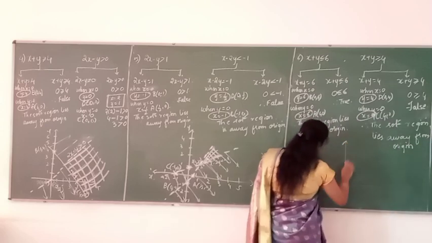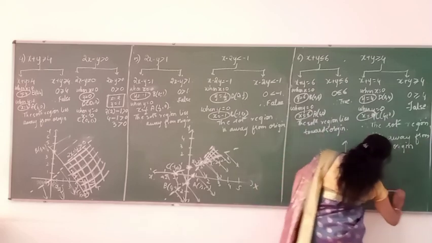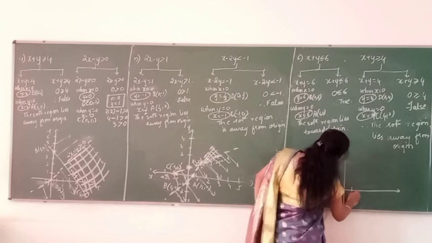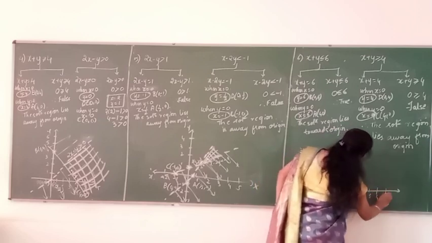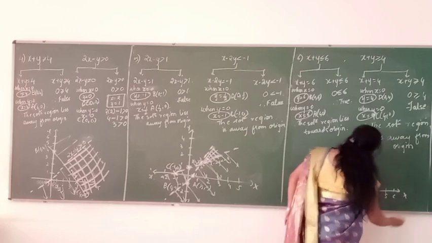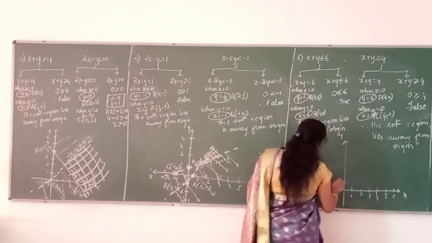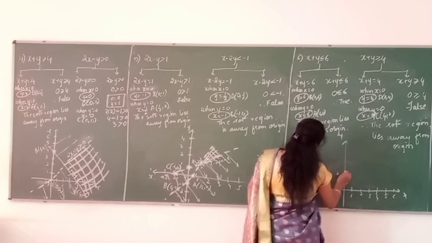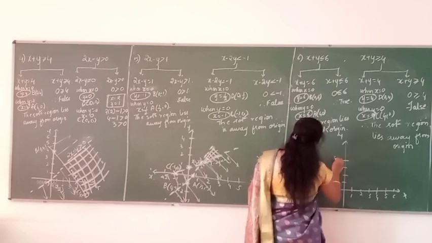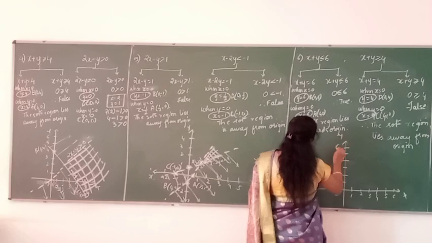Let us just draw the graph quickly. 1, 2, 3, 4, 5 and 6, which is your x, and y. 1, 2, 3, 4, 5 and 6.